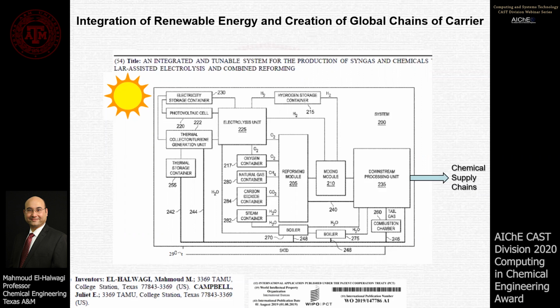For instance, in this patent with my former student, Juliet Campbell, solar energy, water, CO2, and natural gas are collectively used through elaborate mass and energy integration schemes to produce value-added chemicals that can serve as carriers for mass and for energy, and dispatched through chemical supply chains.